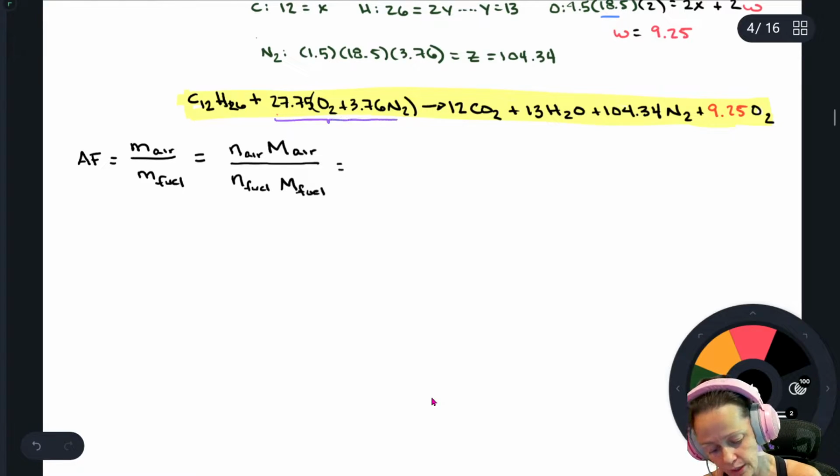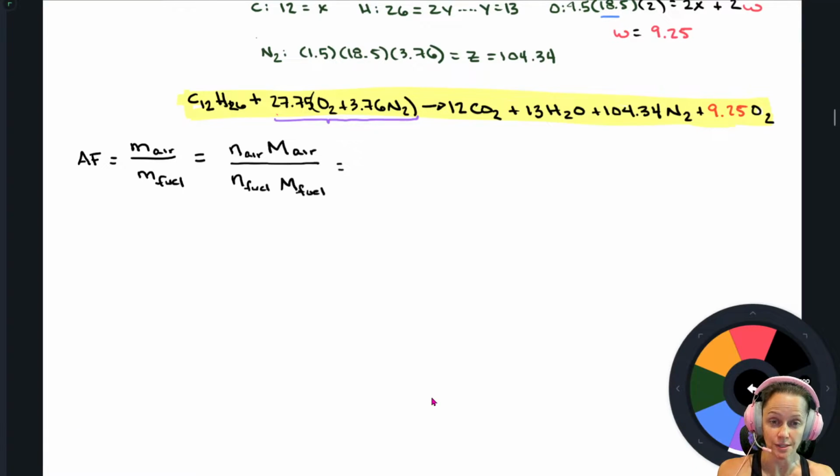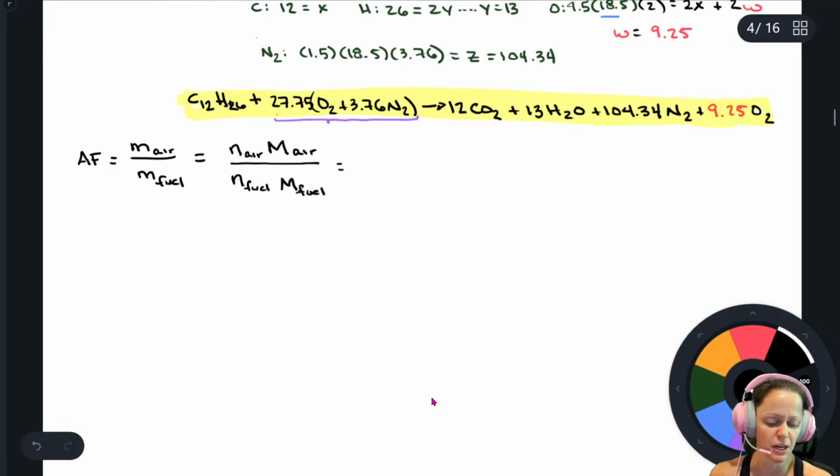I am looking at this little section right here. Remember, the parentheses represent 1 plus 3.76 moles, so 4.76. I'm going to put it in terms of kilomoles.